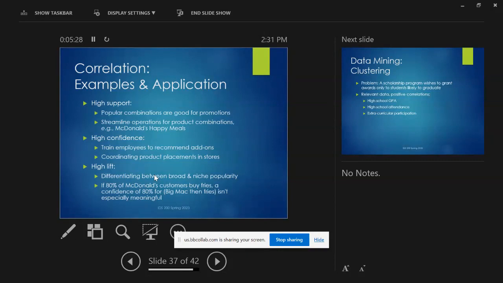Okay, high confidence. One thing you might do with that is if you know products are very often bought together, you might train your employees to recommend add-ons or be more knowledgeable about different product categories, or you might even decide, if items are often bought together, to co-locate them in the stores, right? Set up the displays fairly adjacent.